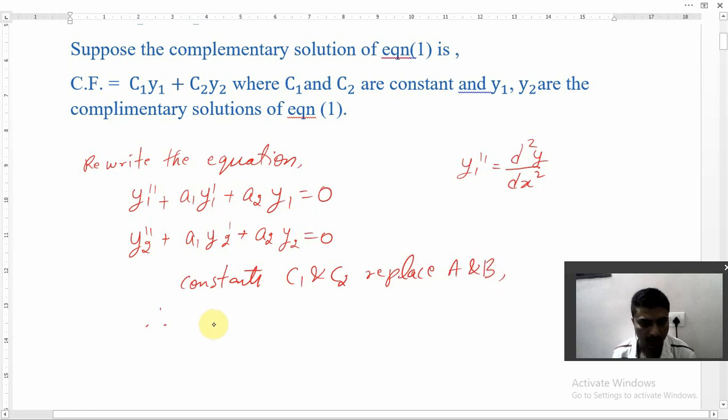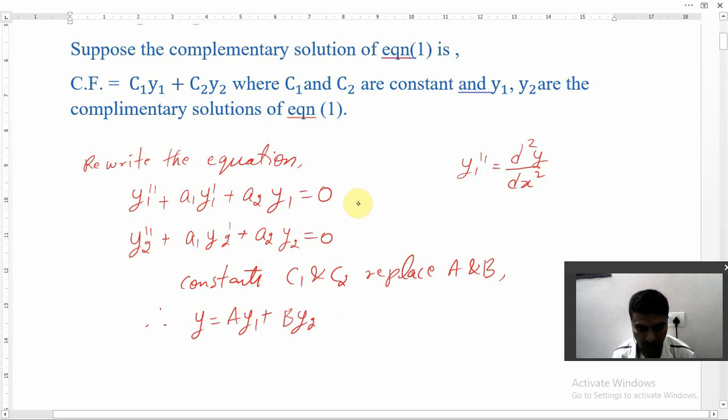That's it. So what solution are we going to get here? Students, you get the solution y, the variable, equal to a y1 plus b y2. That's it. So I am going to take this as the solution.